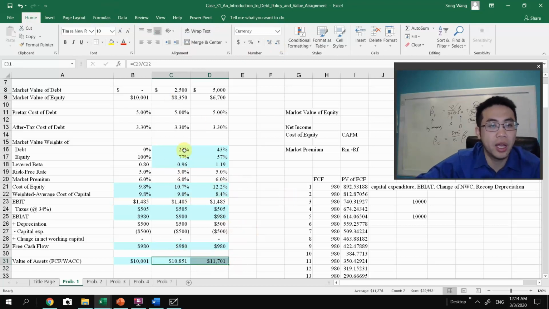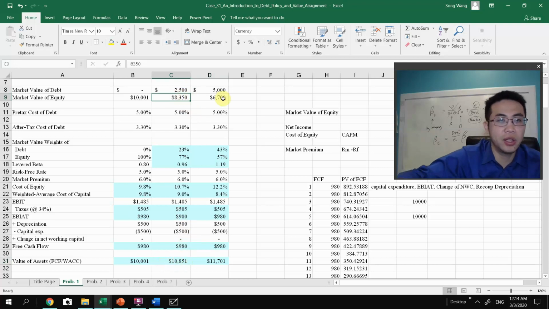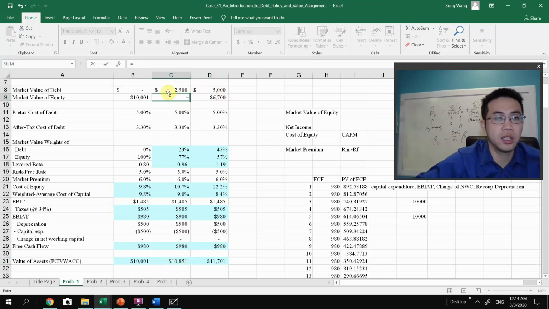So now I need to get back to where I got the number from. So this is the market value of equity. As you can see, the total of debt and equity would add up to this total assets. So in other words, I can basically use a formula to get the market value of equity, which is the total assets minus total debt.